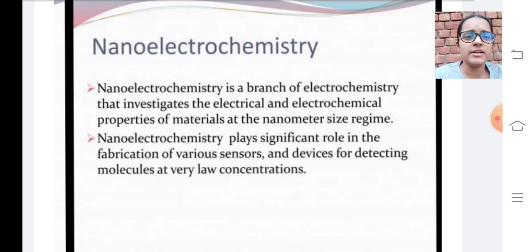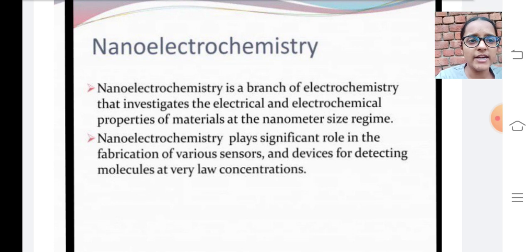Nanoelectrochemistry. Nanoelectrochemistry is a branch of electrochemistry that investigates the electrical and electrochemical properties of materials at the nanometer size regime. Nanoelectrochemistry plays a significant role in the fabrication of various sensors and devices for detecting molecules at very low concentration.